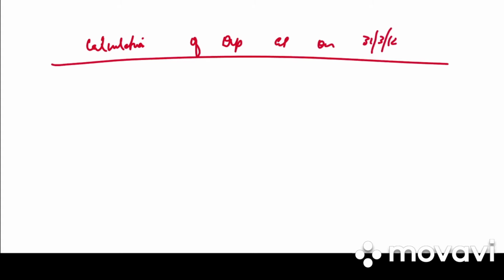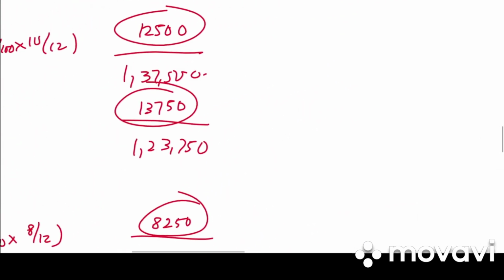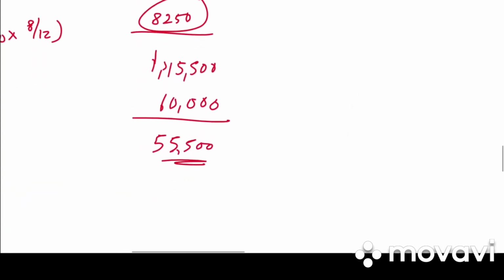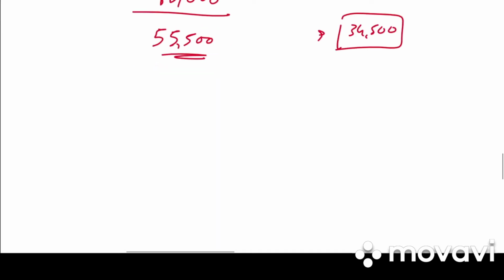So we will need to calculate it. Write down calculation of depreciation as on 31st March 2012. So we have already calculated the depreciation. It is 12,500 plus 13,750 plus 8,250. Total accumulated depreciation is 34,500.